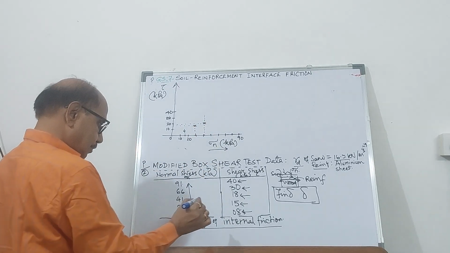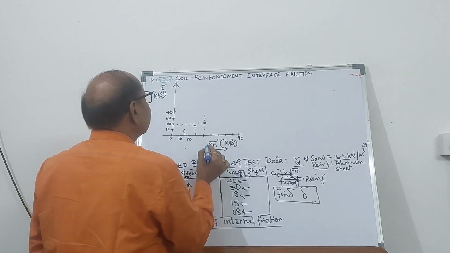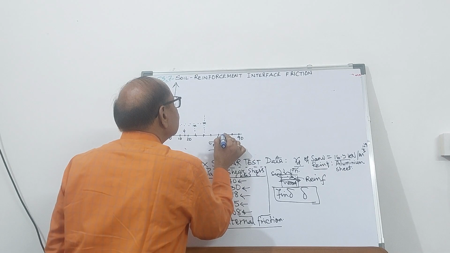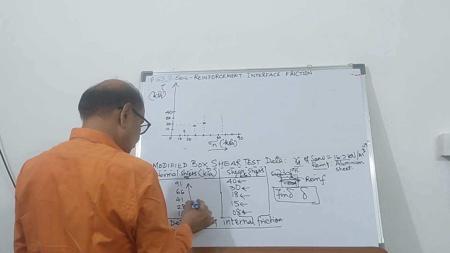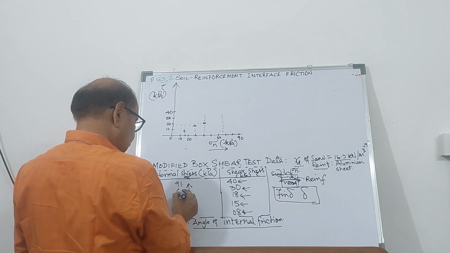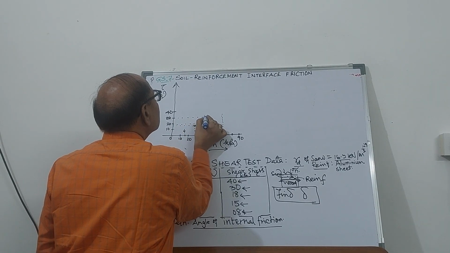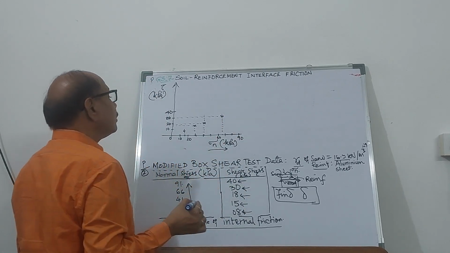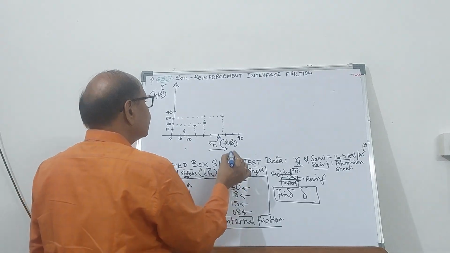Then when it is 66, it is somewhere here, and the value is 30. This is another value you are getting.